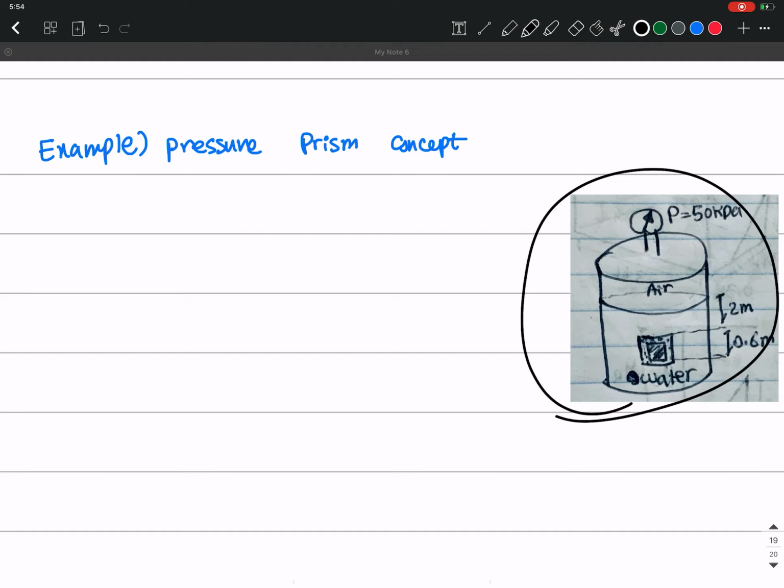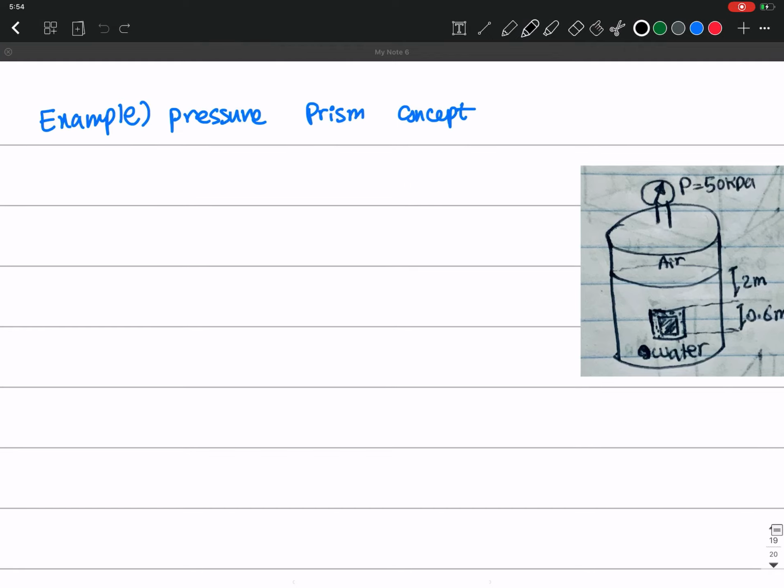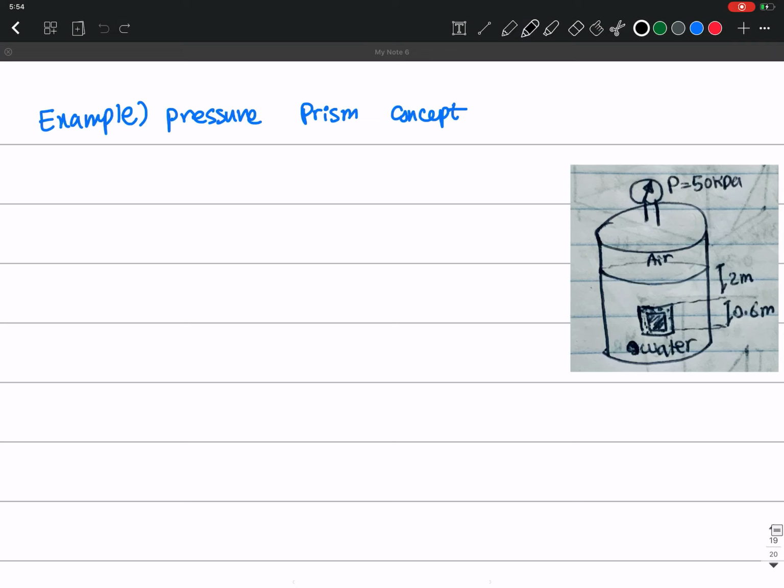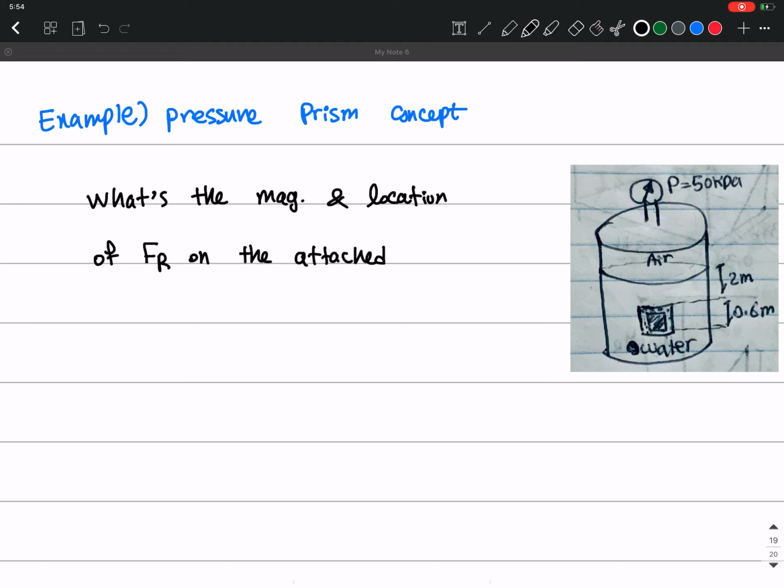and in this example that is shown here, we want to find what is the magnitude and location of the resultant force on the attached plane.